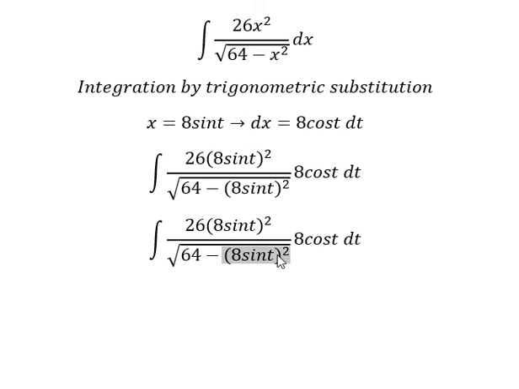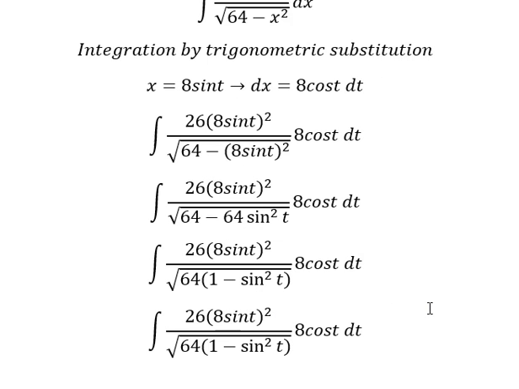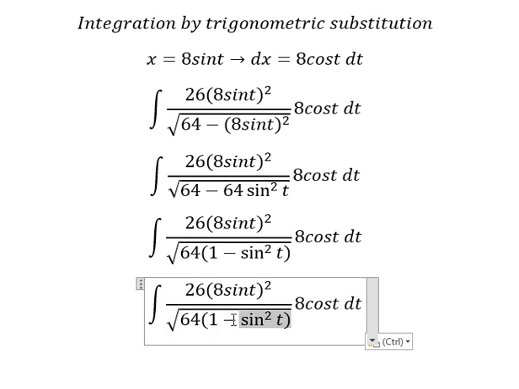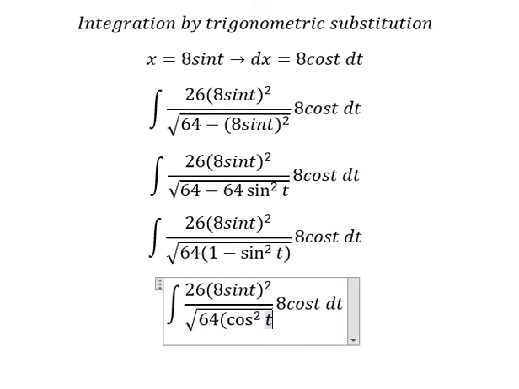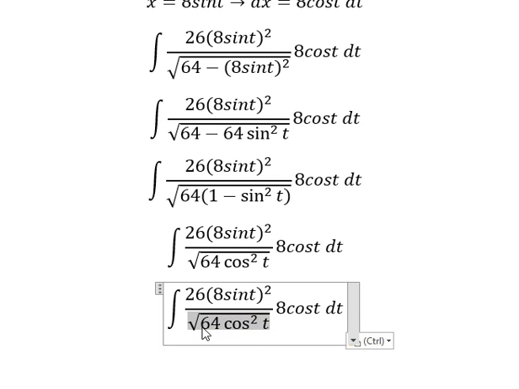This one we have 64 sine t squared. The number 64, we can do factorization. 1 minus sine t squared, we change to cosine t squared. The square root of this one, we have 8 cosine t.